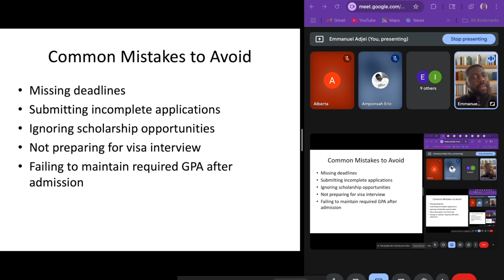Whenever you submit an application, you need to make sure your application is complete. A complete application includes uploading all the documents that are required, and doing all the interviews that are required. Some MBA programs require you to do an interview in the application process before you even get your application reviewed. You need to make sure you have completed all of those.